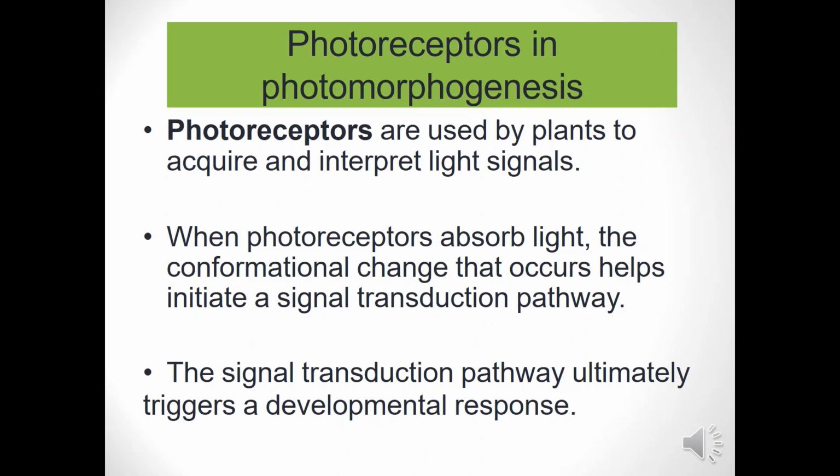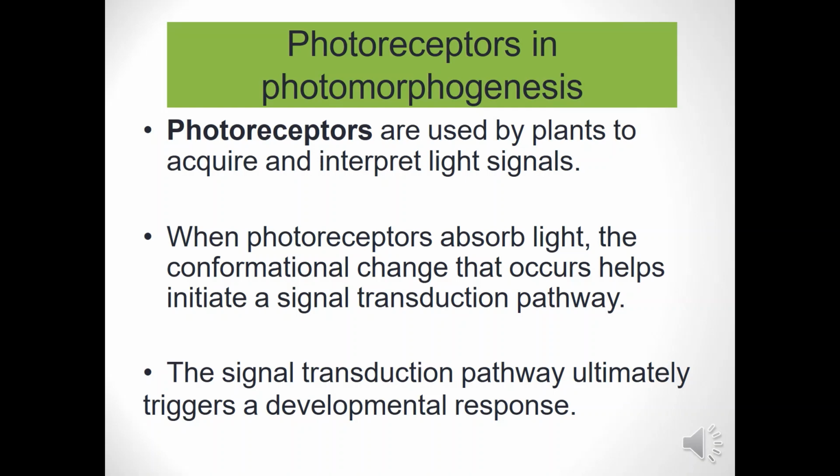As I told you just now regarding the third and fourth learning objectives, phytochrome and cryptochrome are two types of photoreceptor, which are used by plants to acquire and interpret the light signal.